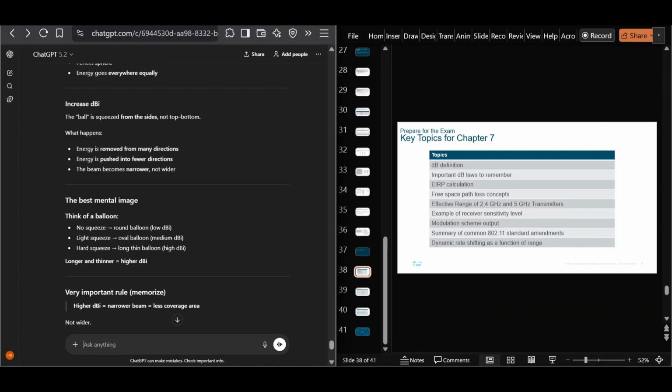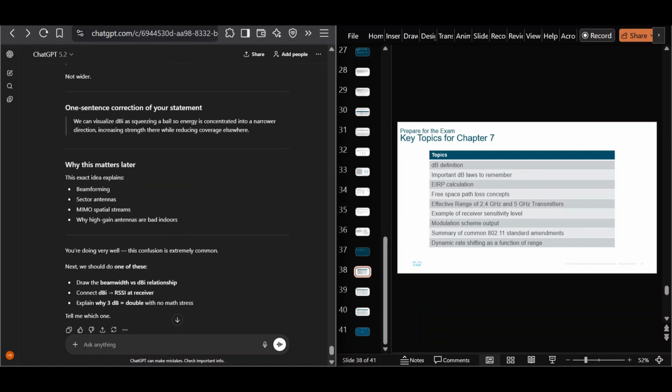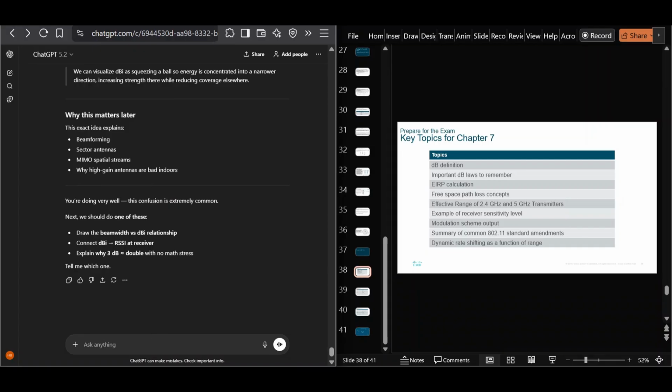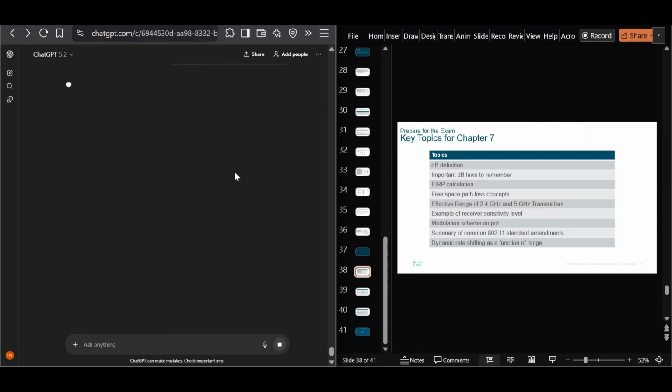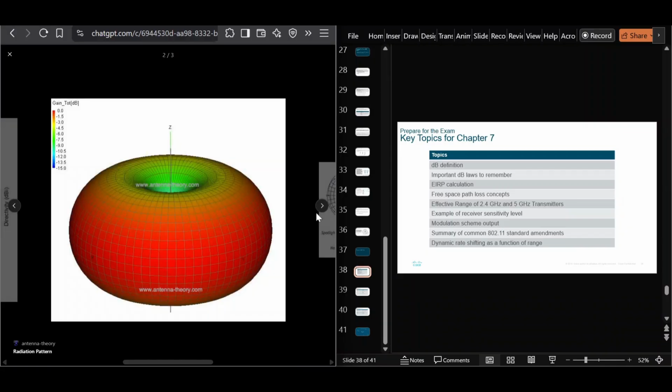Think of an oval ball, long and thin: higher dBi, like a sector antenna. Visualize this: low dBi, then medium dBi.